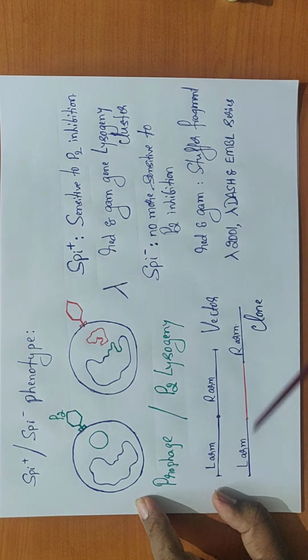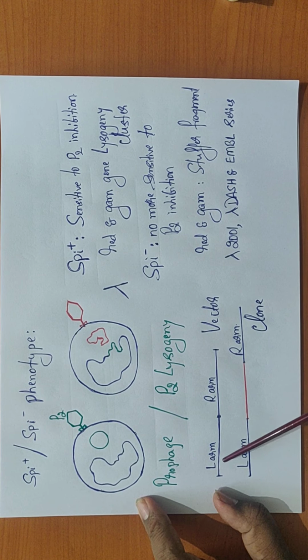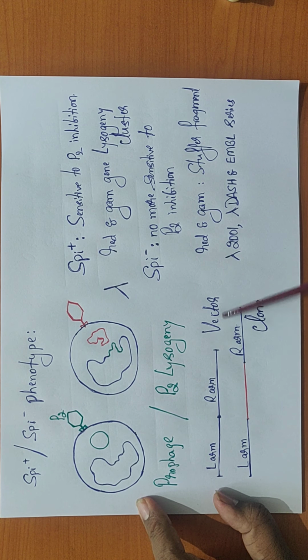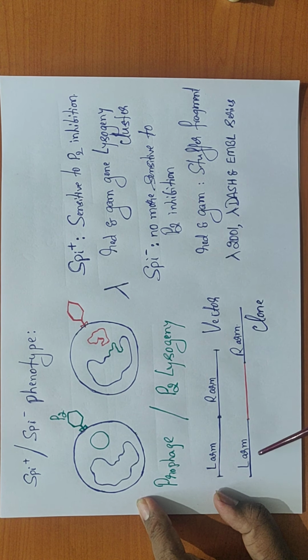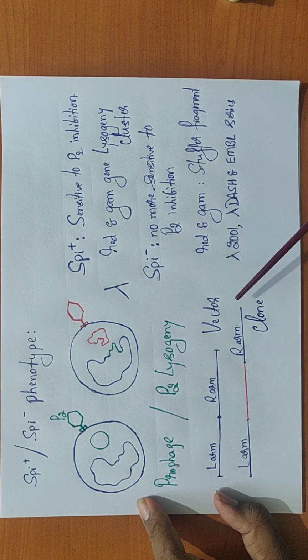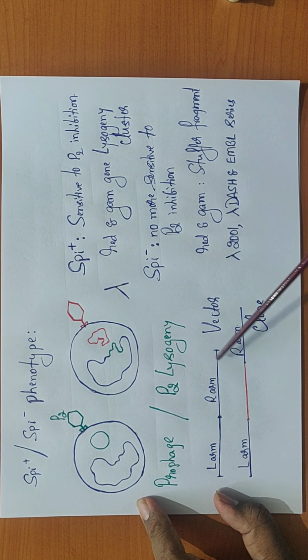In all these vectors, after the ligation, the left arm and the right arm can combine together to form the vector, or we can get the vector back. Another one is going to be the clone. Now, how are we going to incorporate either the vector or the clone into the E. coli host?